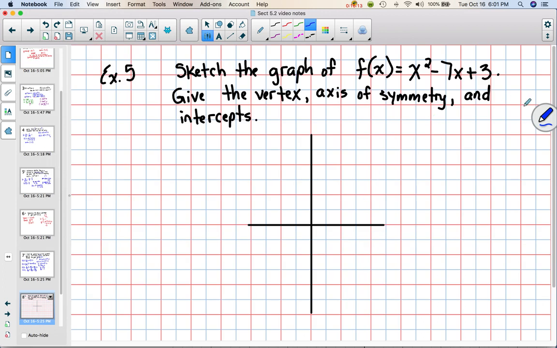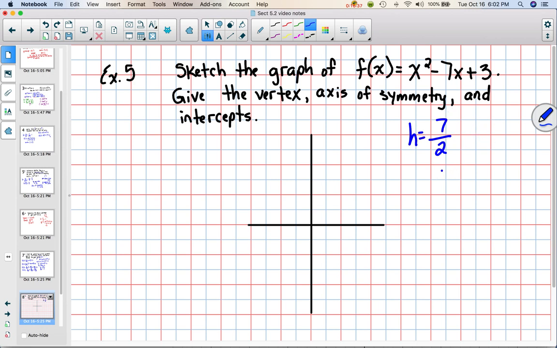So in the next problem, sketch the graph of f of x equals x squared minus 7x plus 3. Give the vertex, the axis of symmetry, and the intercepts. So we need to find the vertex, so I may as well do that right away. I'm going to use that to graph it anyway. So we're going to take the opposite of b over 2a. So that's my h value. So I get 7 halves, or 3.5.